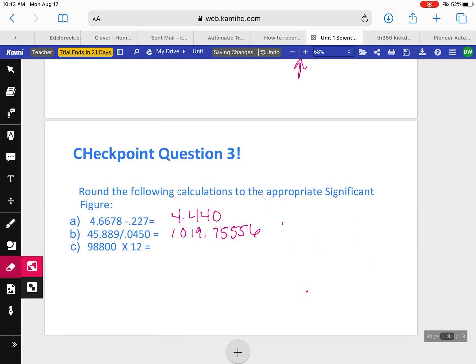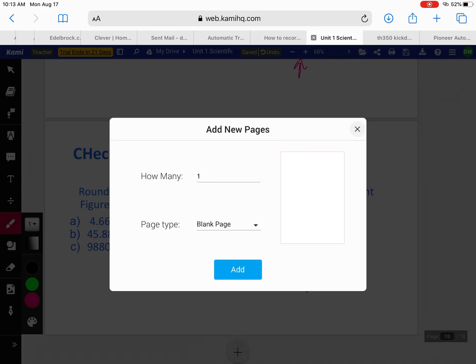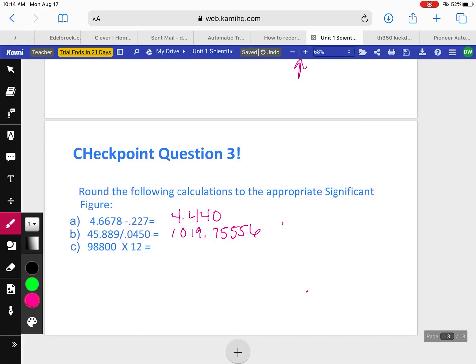So where do we round to? Well, I want to look at how many significant figures are in each of these values. If we look here, we've got 1, 2, 3, 4, 5, and then with the other, this first 0 does not count, but the last 0 does, so we've got 3. So I'm going to round to 3 significant figures.